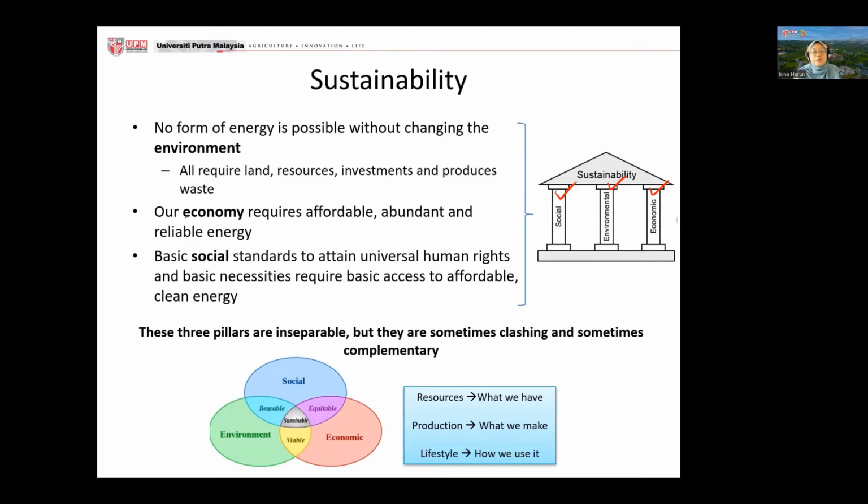And then the economy. Of course, just now I mentioned resources and investment. That's the link: the better the economy is, the higher the amount of capital you can spend on development, if you look at things as a country. And another thing is that the economy itself requires affordable, abundant, and reliable energy.